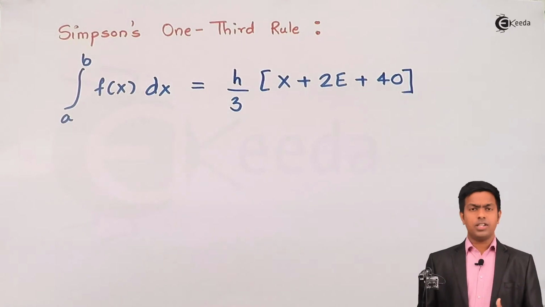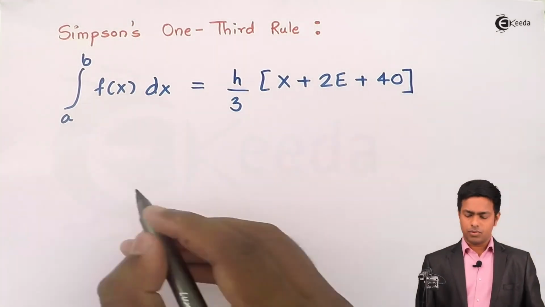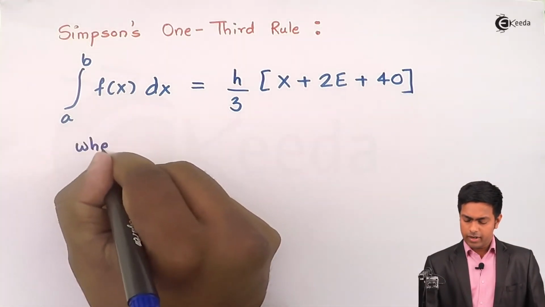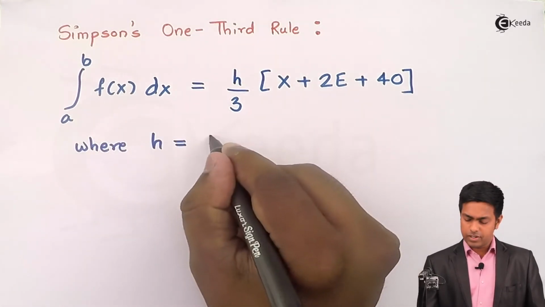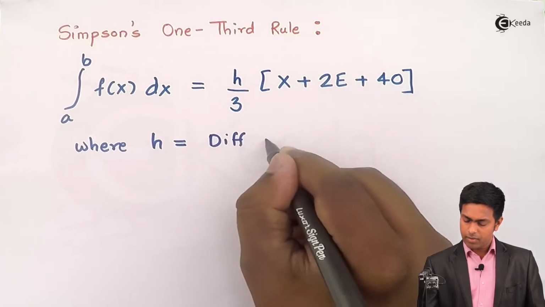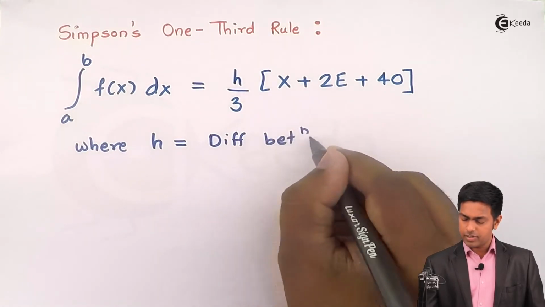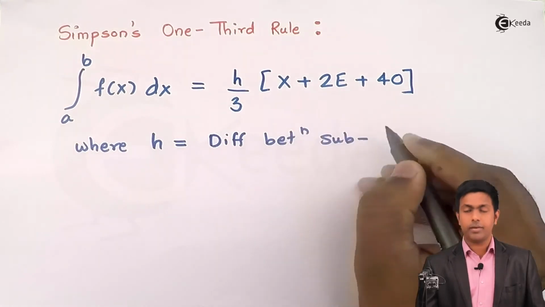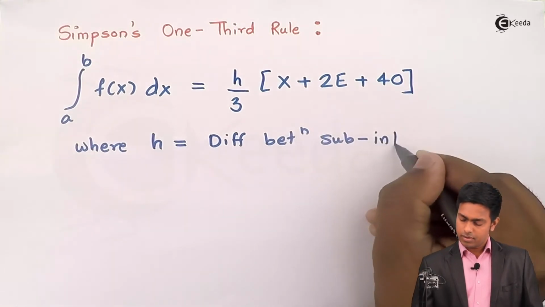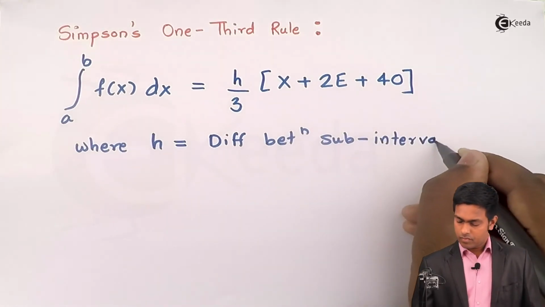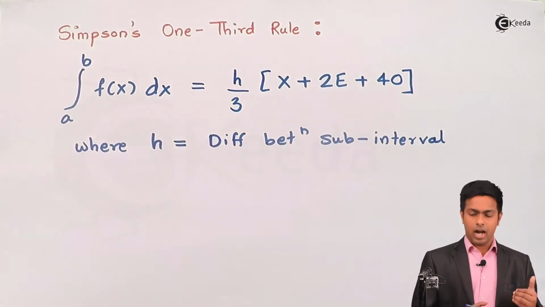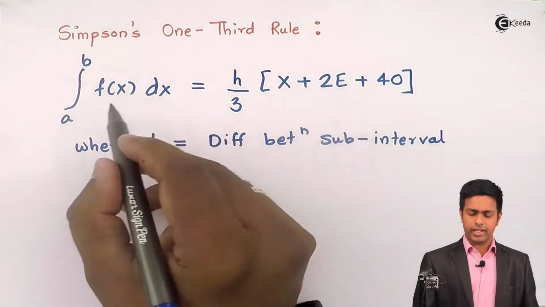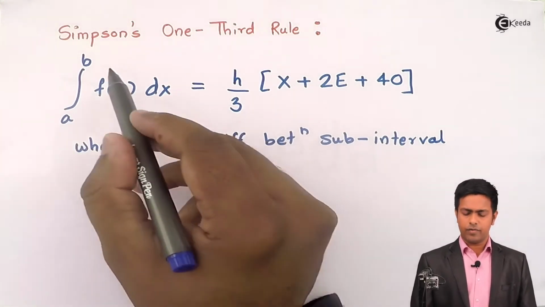Now guys, what is the meaning of each and every term? Here, h is nothing but the difference between intervals, or the difference between subintervals, that would be the proper word. We have the start point, or the initial value of x, as a and the last value of x as b.